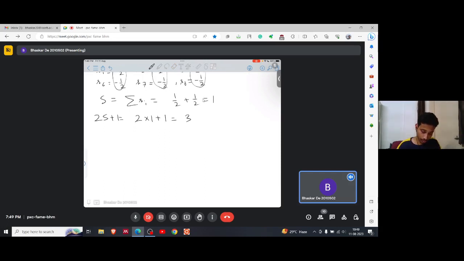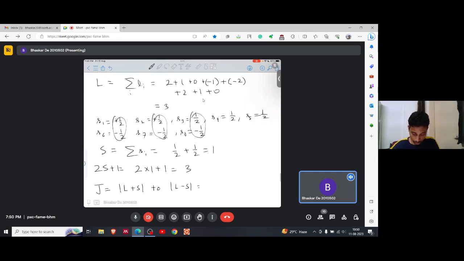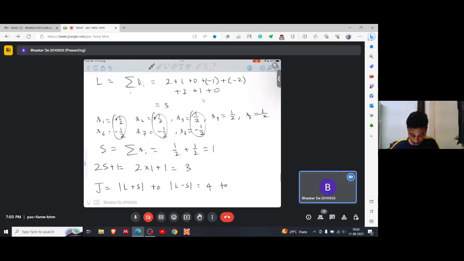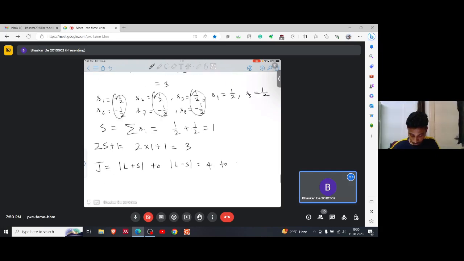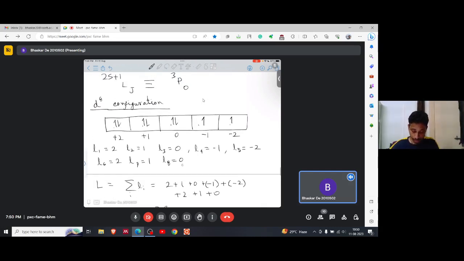Now we have to calculate another thing, that is J. J equal to L plus S to L minus S. Here L is 3 and S is 1, so it will be 4 to L minus S, that is 2. So it will be 4, 3, 2. Now here we can see that it is more than half filled.